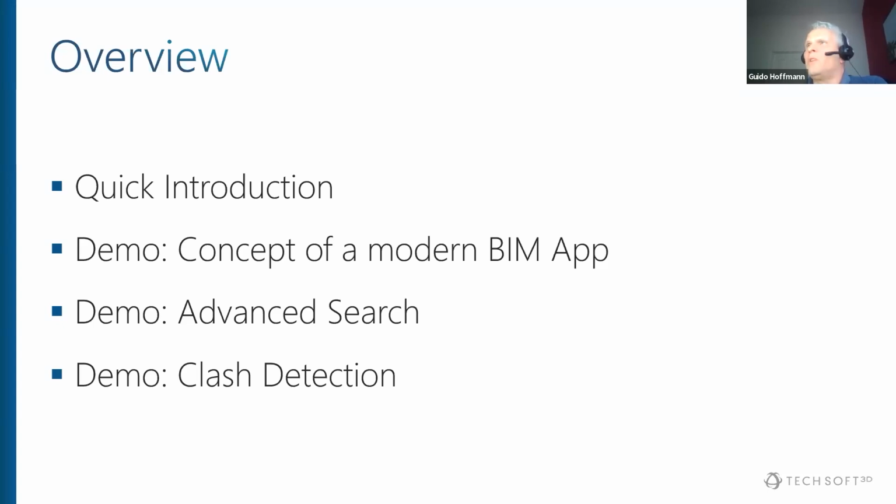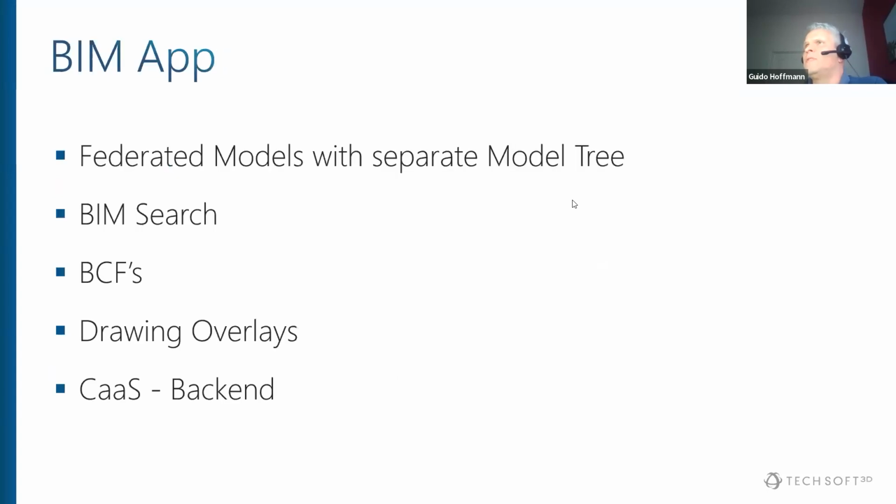Okay, so very quick before I go on to the first demo, which will showcase the concept for a more BIM-focused viewing application using HOOPS Communicator, focused on federated models, each with their own separate model tree instead of just one big model tree, adding a simple search to the viewer, working with BCFs, how to handle drawings in the context of a BIM application and overlaying 2D and 3D.